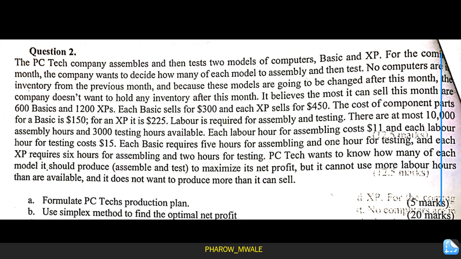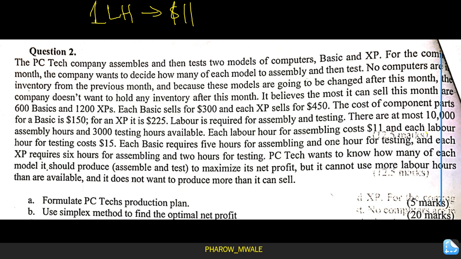available. Each labor hour, one labor hour each, let me say 1 LH. So one labor hour for assembling costs 11 US dollars.